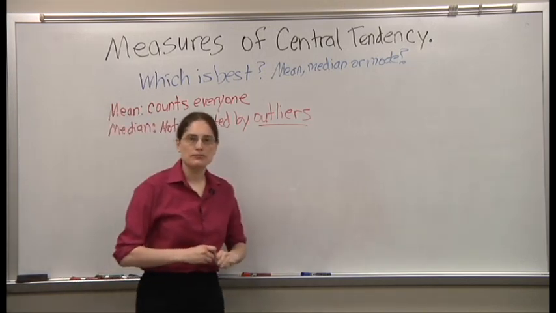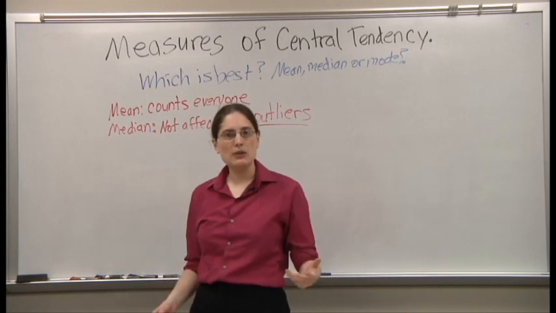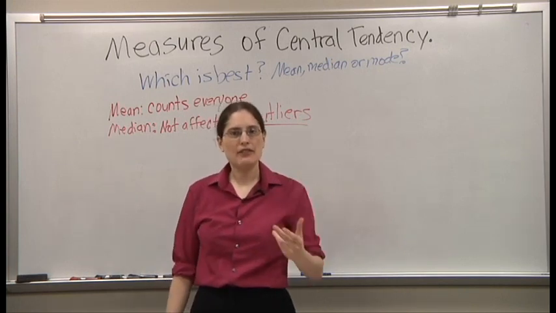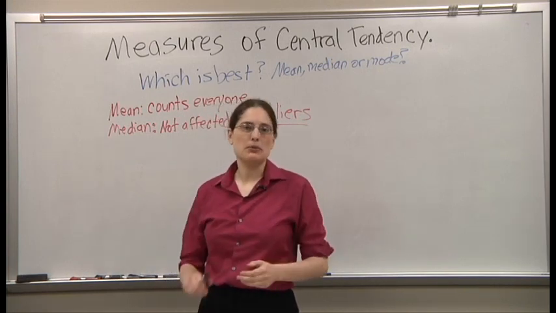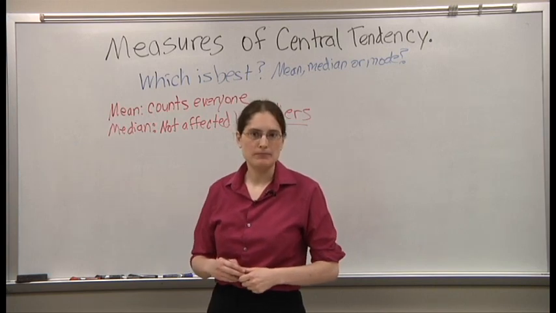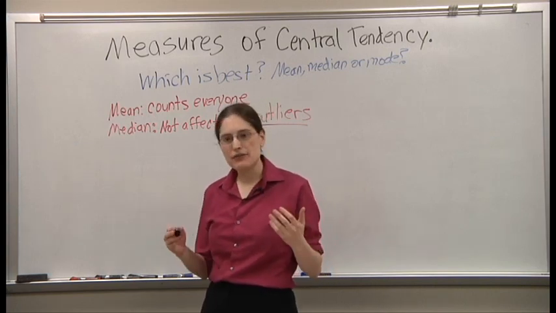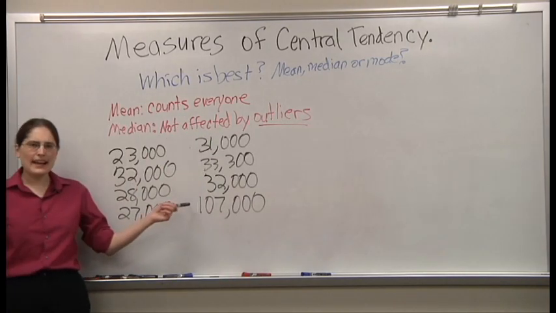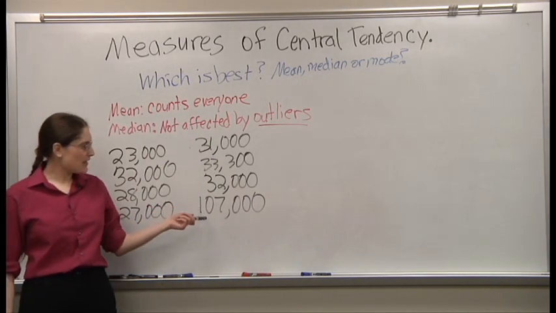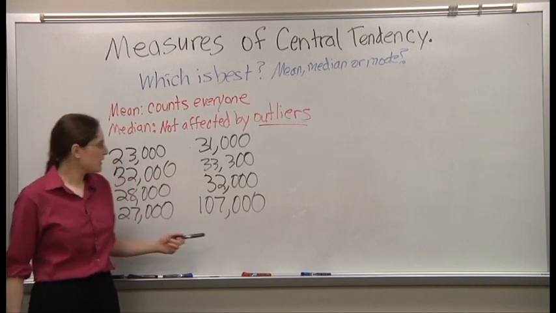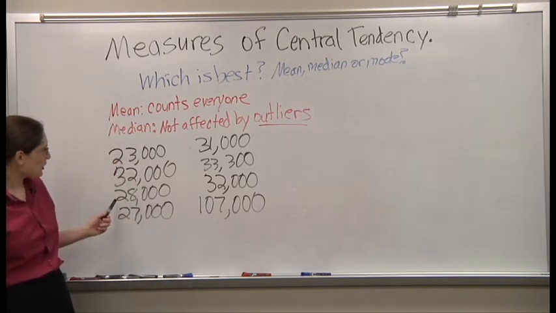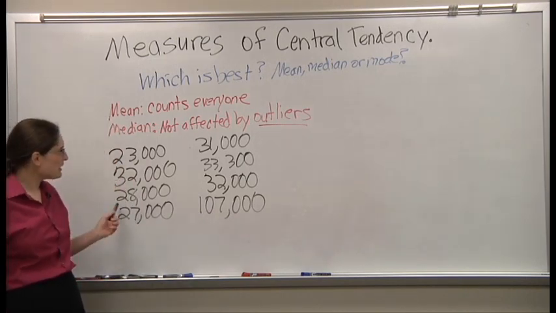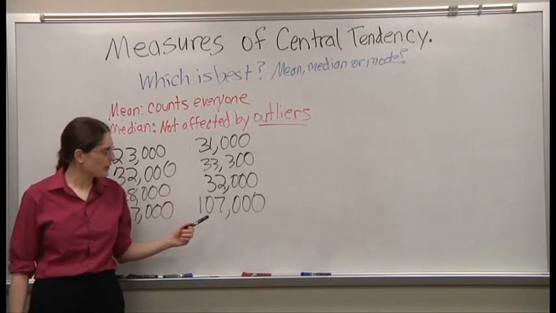For example, let's say I want to know what is the average income of people in a particular neighborhood. So I go out and I find everybody's income. We have something of an outlier here. Most of the people in this neighborhood are making in the 20s or low 30s.